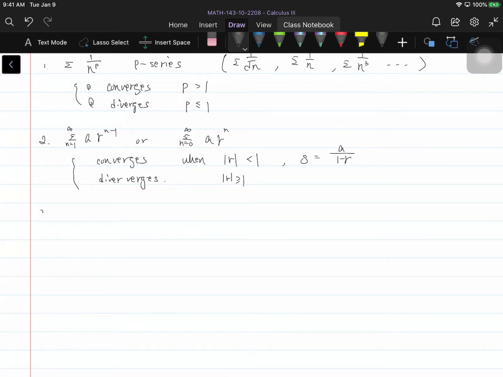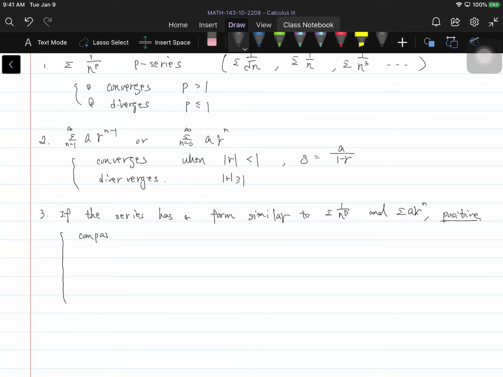Number 3, if the series has a form similar to the P-series and the geometric series, and also be careful, it has to have positive terms, then we can do those tests.